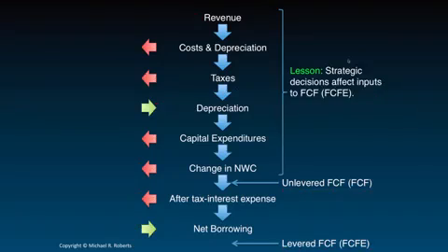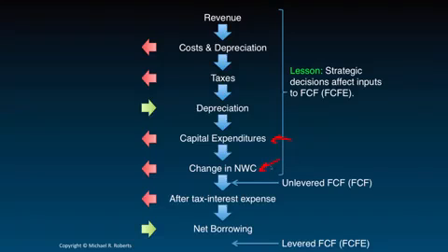So a useful way to think about strategic versus financial decisions is that strategic decisions are going to affect the inputs to free cash flow, and free cash flow to equity, but they're impacting here, right? Strategic decisions are going to affect our market share and our revenue. They're going to affect our cost, our investment decisions, our operations, inventory and the like.